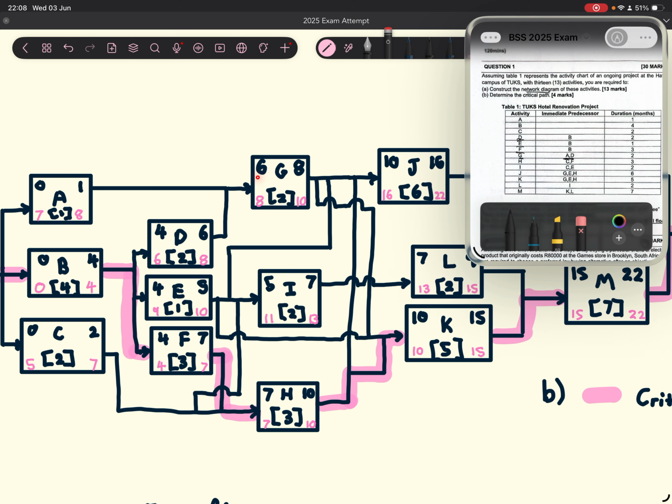So for our start value, we're going to choose the highest number between activity A and D. Reason being is because we need to finish both activity A and activity D before we can start activity G. If we chose a start of month 1 for activity G, that will mean that we're starting activity G without having completed activity D. Hopefully that makes sense. So yeah, if it doesn't, just remember, choose a higher number.